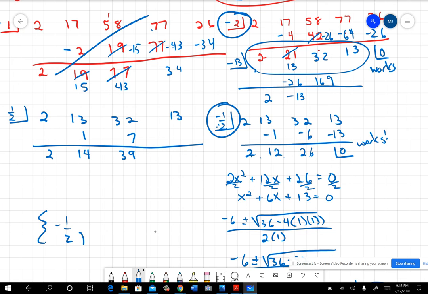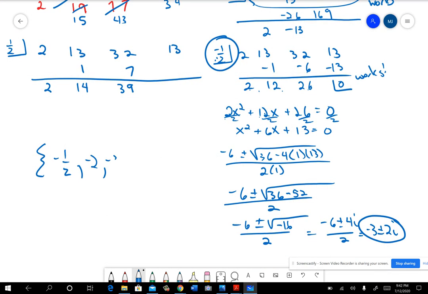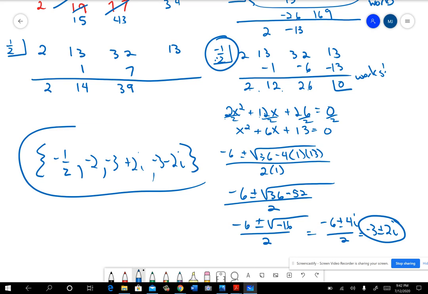Negative 2. Then I just had a negative 3 plus 2i and a negative 3 minus 2i. So I had 4 solutions that I was expecting, and there they are. Okay, and those would be the zeros of the polynomial. Okay, so I just wanted to run through. Now we've done like 6 examples, so you kind of get a sense of how that works.